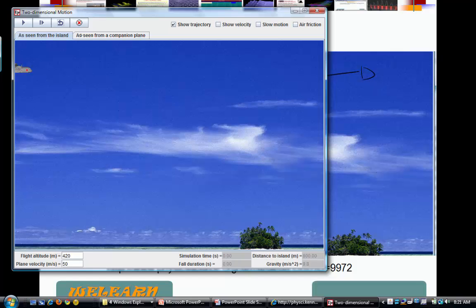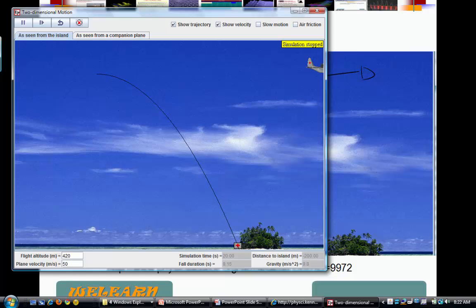The button here with the red X is the button I need to press to release the package. Okay, let's go ahead and do it. Okay, the airplane is moving. I release the package. Notice the horizontal position of the package is in line with the horizontal position of the airplane, but the airplane continues at a constant velocity in the horizontal direction, while the package moves in both directions, vertically and horizontally.